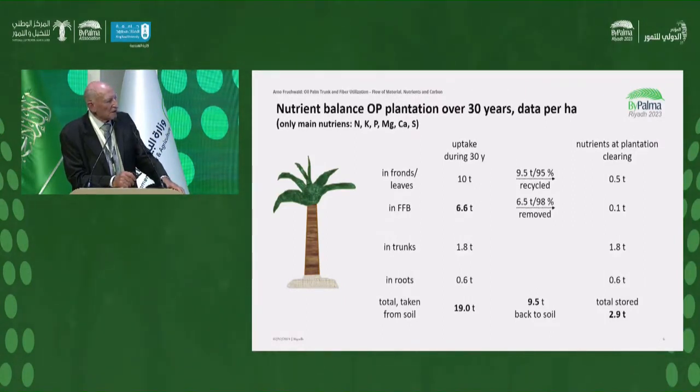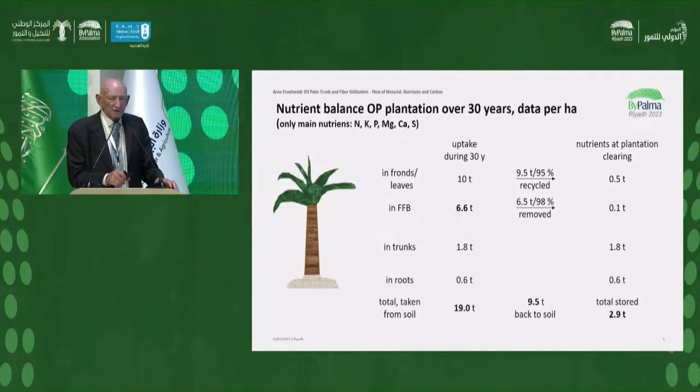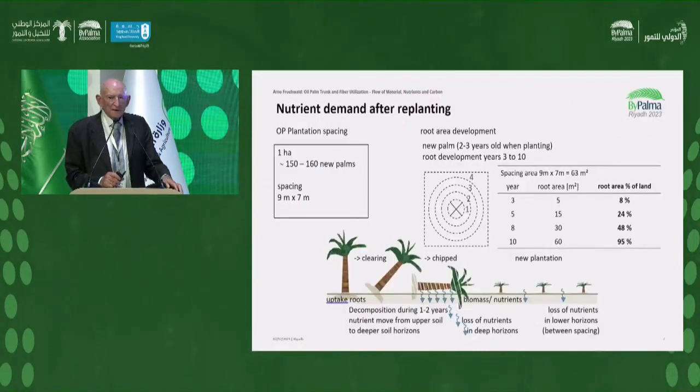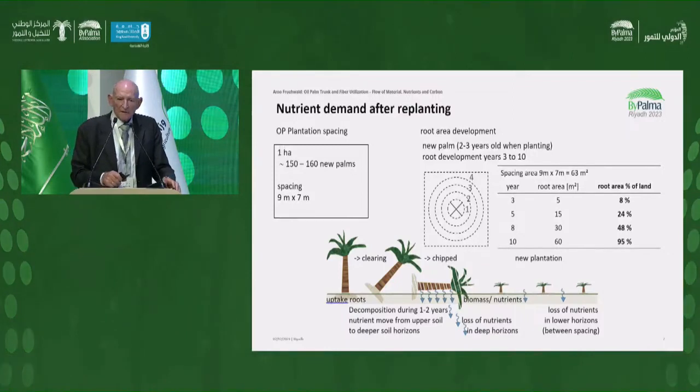This is something around 3 tons. And most, about 10 tons, is recycled from the leaves and fronds. So if we now take out this fiber material at the end, the trunks, for example, then we interfere in the nutrient balance. But is it really a problem?